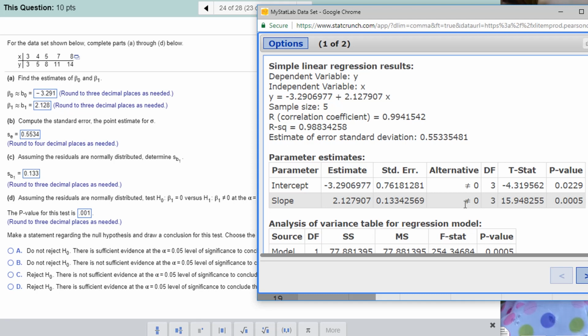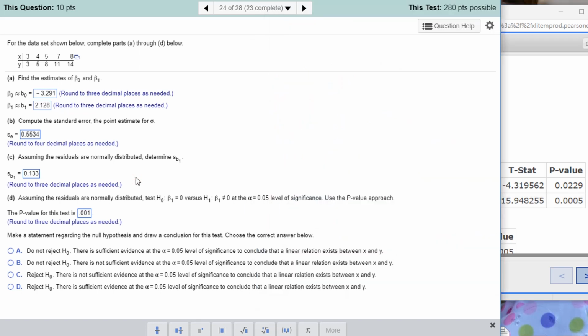Well, the data suggests not, because it would be extremely unlikely for me to have data like this if the true population slope was 0. So I would reject that null hypothesis and go with the alternative hypothesis, which is the slope is not 0. This is another way of saying that a linear model is appropriate. There definitely is a linear relationship.